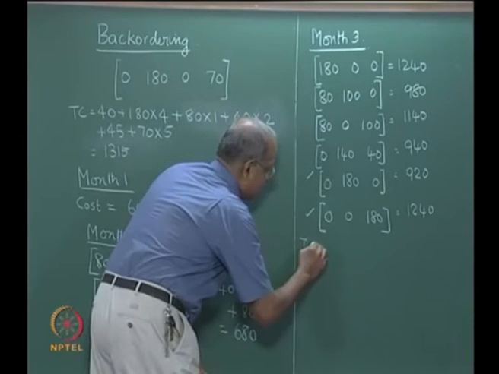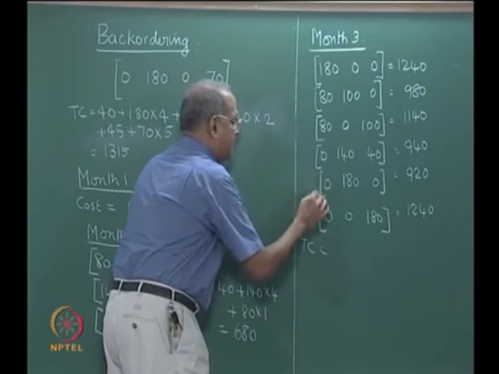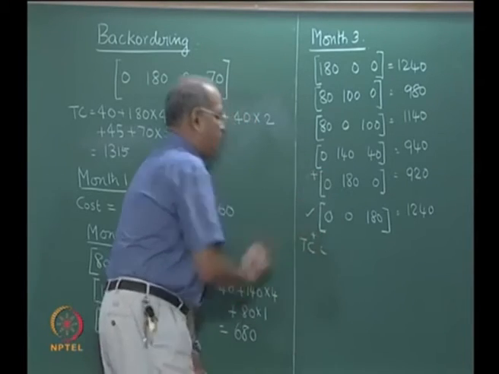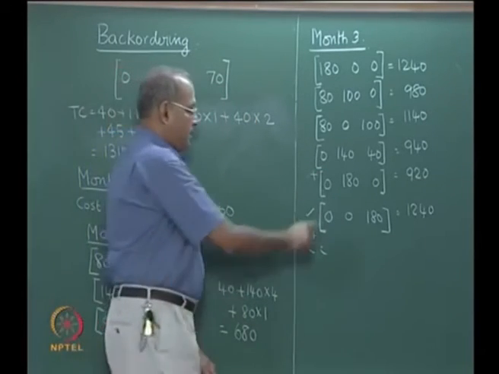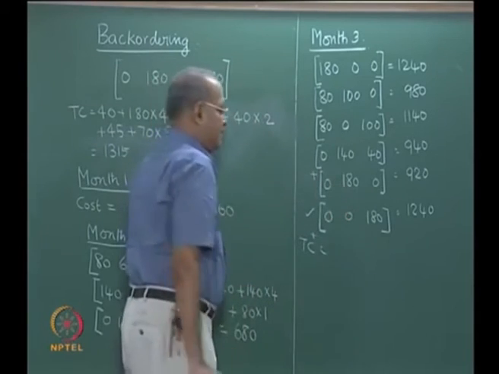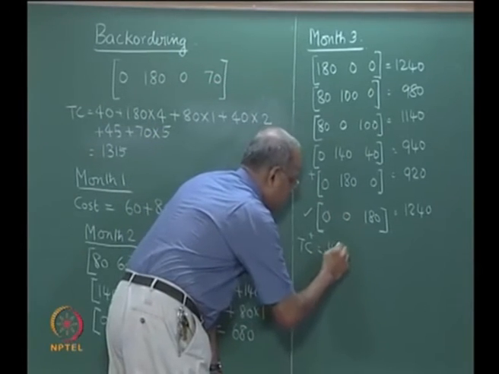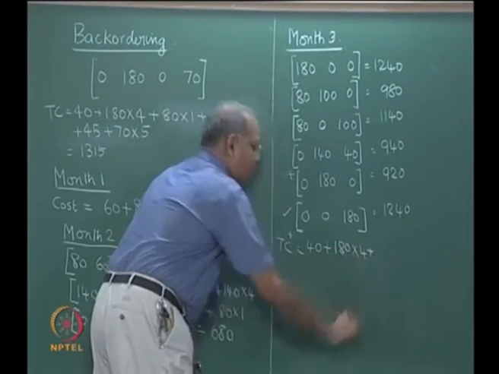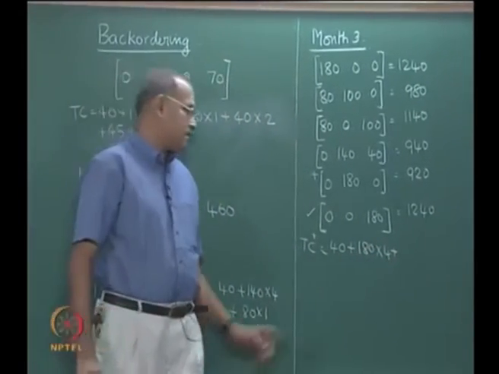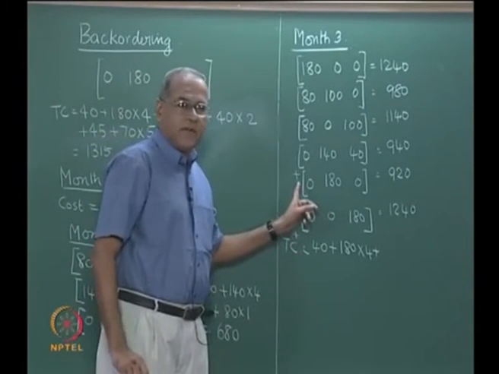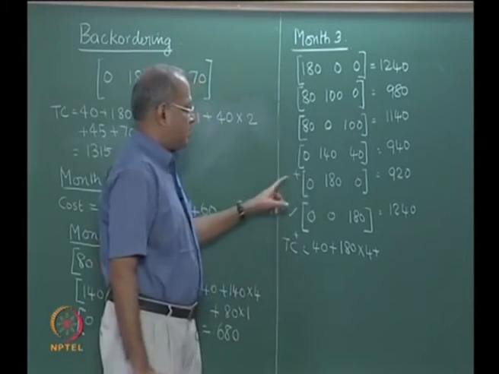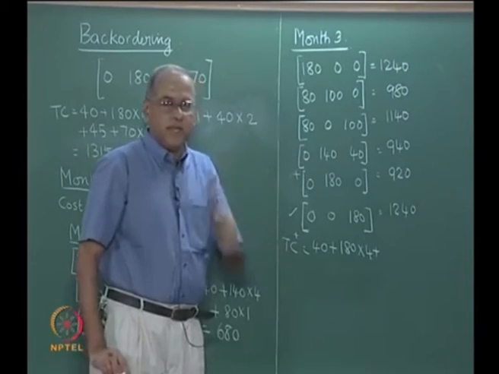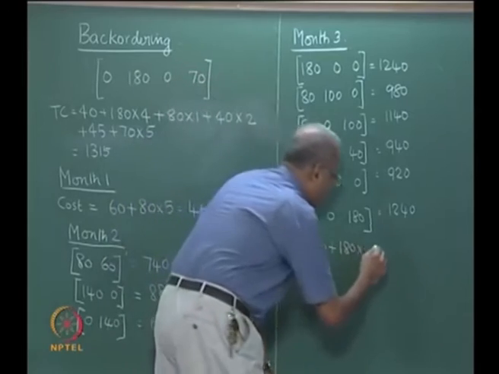So, TC for the plus sign will be, I produce 180 here in the second month. So, setup cost is 40 plus production cost is 180 into 4 plus the first period demand of 80 is back ordered. The cost of back ordering the demand of the first period is 1, so plus 80 into 1.